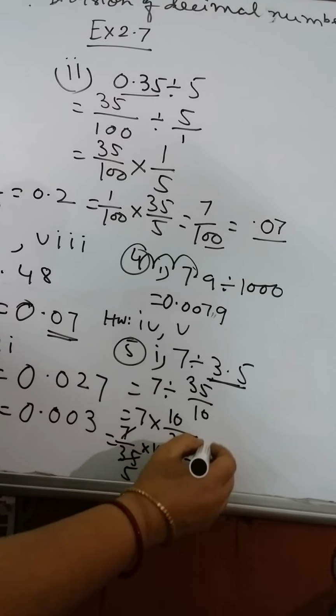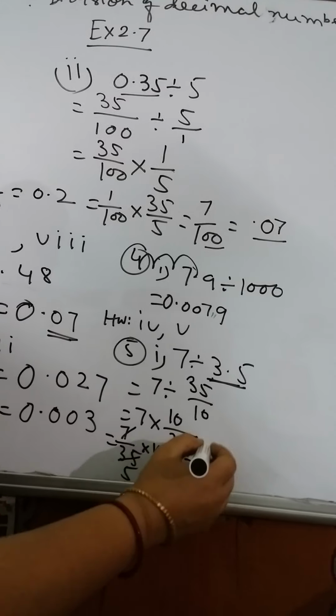Now if you take another example, say question number 5, it is 0.5 divided by 0.25. So 5 by 10, divided by 25 by 100. 5 by 10 multiplied by 100 by 25.